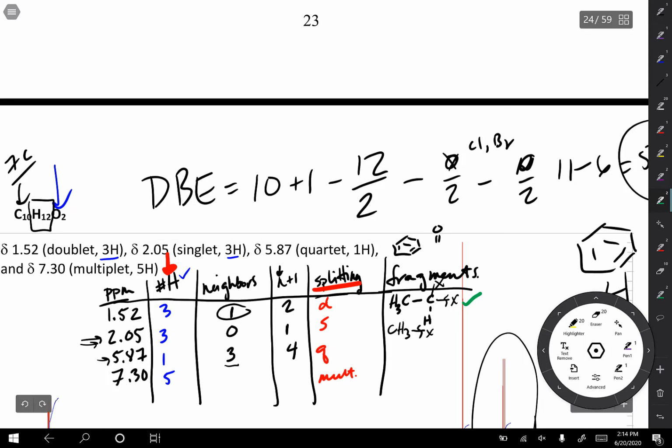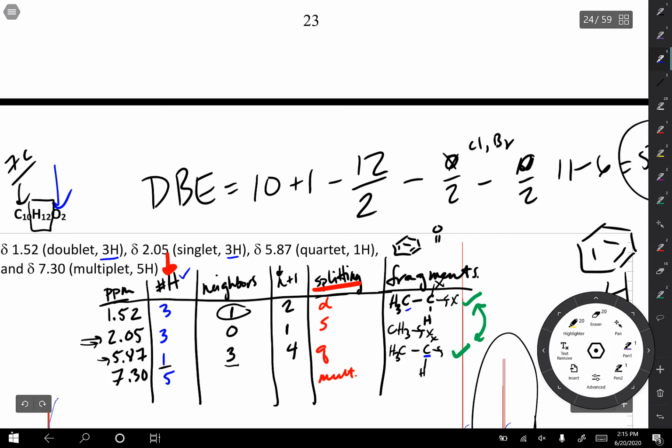So these 2 are most likely bound together. So here's our CH. It doesn't have any more hydrogens. Why do I know that? Because it says there's only 1 hydrogen for that signal. So these 2 fragments here are coupling with each other. We have a CH3 and then we have a CH.